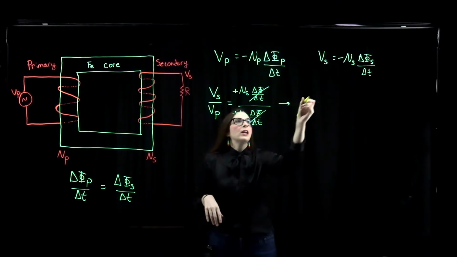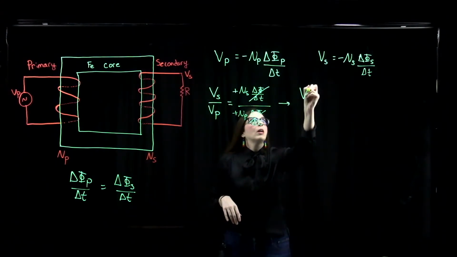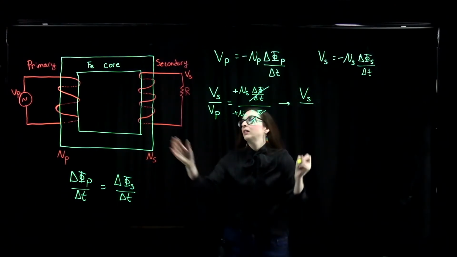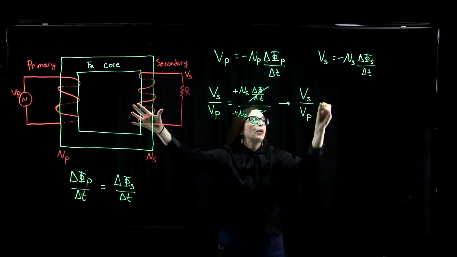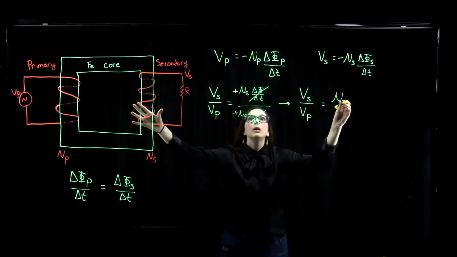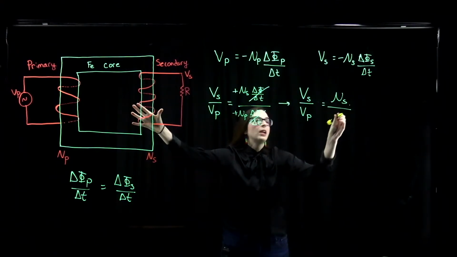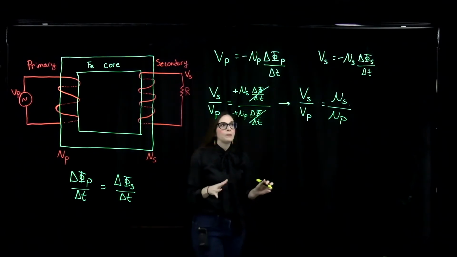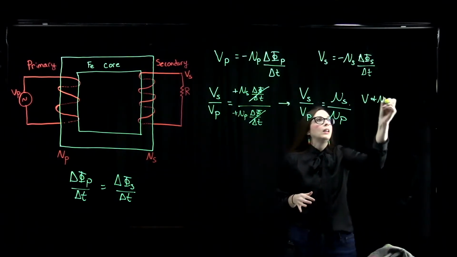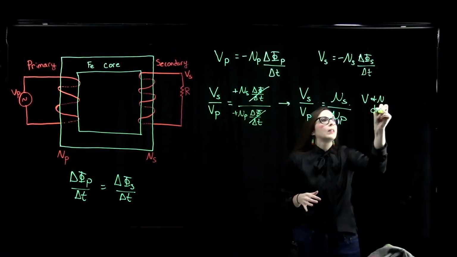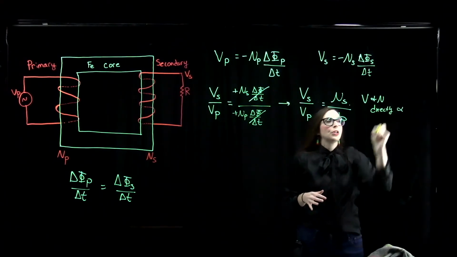So we have this relationship that the voltage output for our secondary coil over the voltage input for my primary is just the ratio of the number of turns of my secondary coil to the number of turns of my primary coil. So we see in this relationship that V and N are directly proportional to each other.